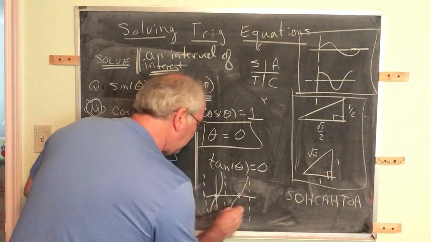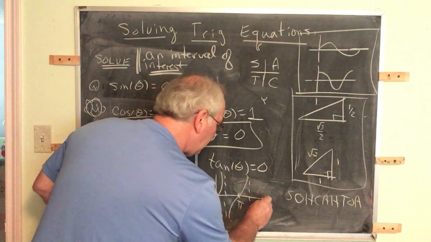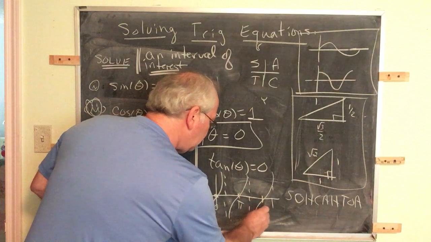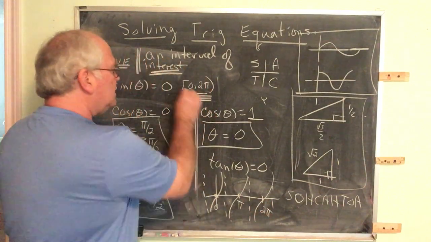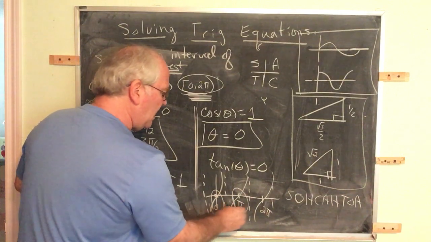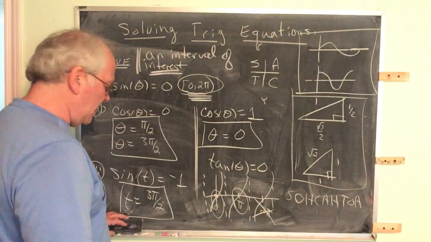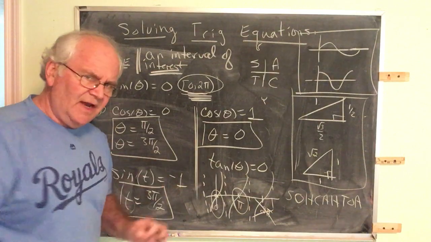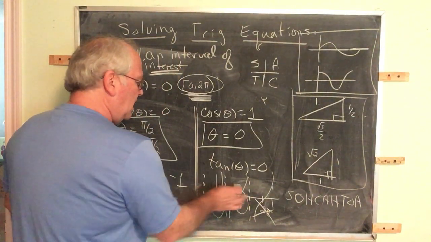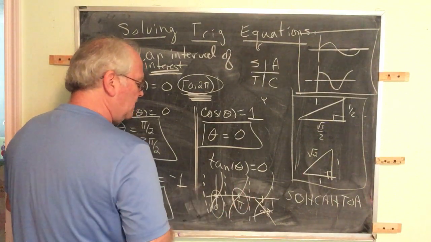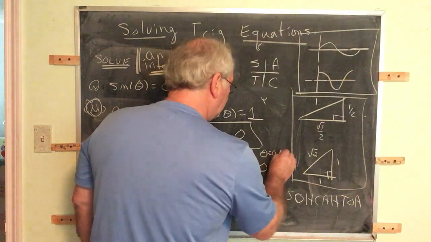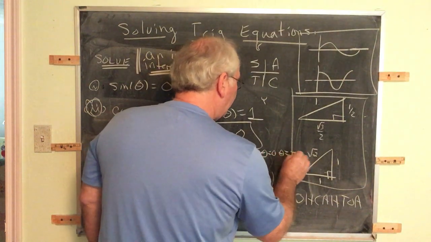This is 0. This is pi. Where's the next one? This is 2 pi. Since this is the interval of interest, you do include the 0, you do include pi, you do not include 2 pi. So tangent theta equals 0. Tangent's the tricky one. This is where we need to have two periods of the function drawn. So this gives us immediately that theta is equal to 0 and theta is equal to pi.